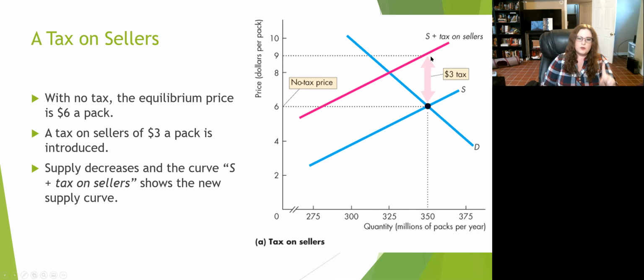But where is the new equilibrium? We have this new supply plus the tax on sellers. The new equilibrium is right here. Notice that that's not at $9. The new place where the market ends up is not necessarily with a $9 pack of cigarettes. We actually see that this is closer to $8 with slightly fewer cigarettes sold. Let's start to fill this in a little bit more.